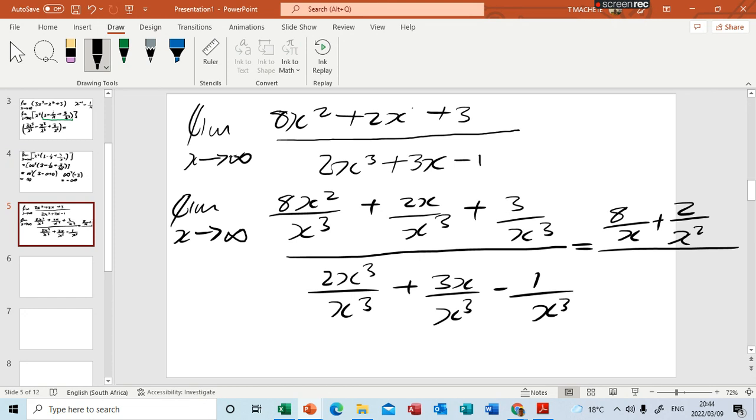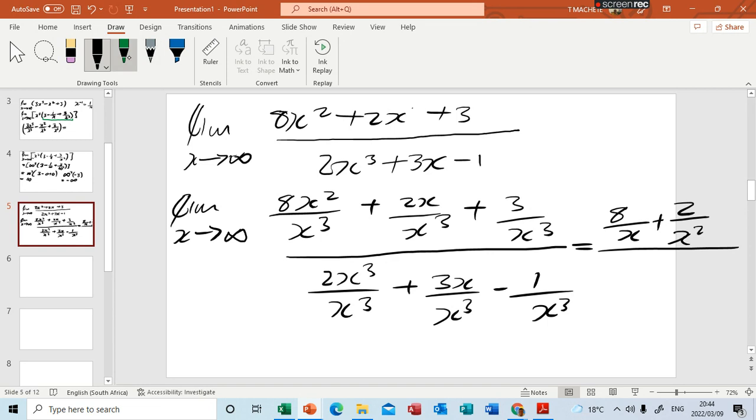Guys, if you check this, it's a fraction. If you see a fraction, it means you are dividing with the highest power. If you see a standard form, it means you are multiplying with your highest power. I don't know if that makes sense. That's the easiest way to memorize it.